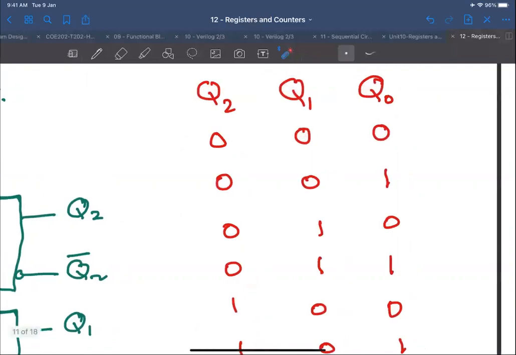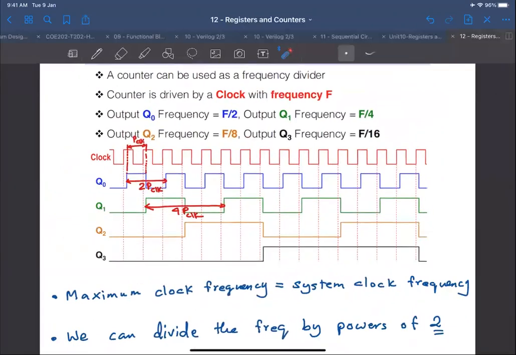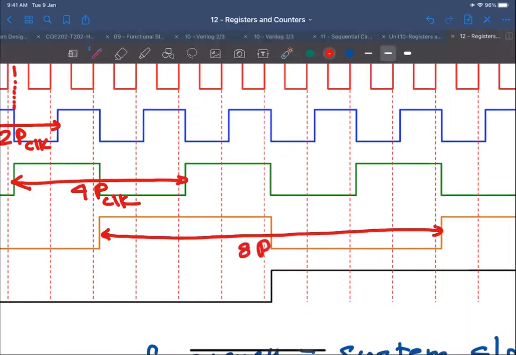Okay. So this is 4 P clock, and this is what? This one here is 8 P clock, right? And the last one will be 16 P clock, right?